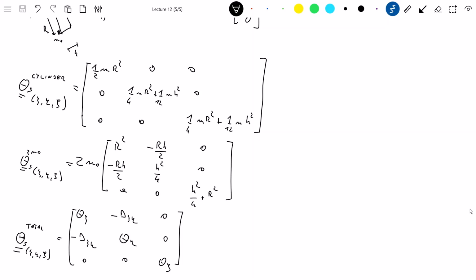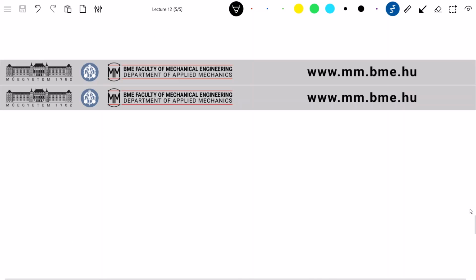So there are two methods to find the correct values of m0.